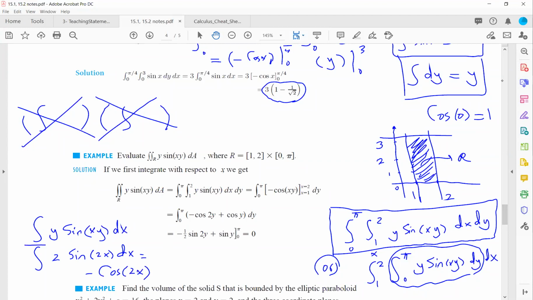This integral is similar to the integral of 2 sine 2x, which you already know how to calculate. So the inside integral with respect to x is minus cosine xy, x ranges between 1 to 2, dy.